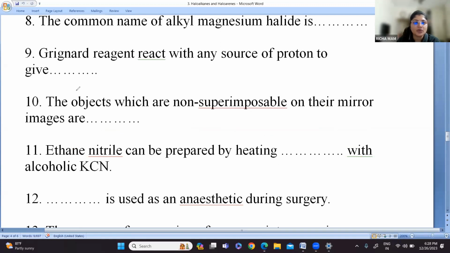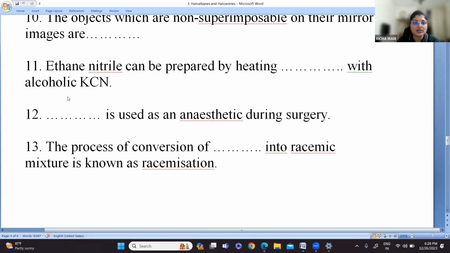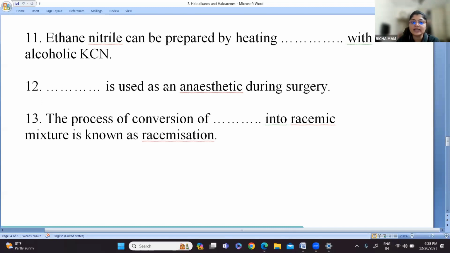Moving further, the 12th question. Dash is used as an anesthetic during surgery, for numbing your body. When operations are being done, it is used for anesthesia. Which is it? Yes, it is halothane. Correct.